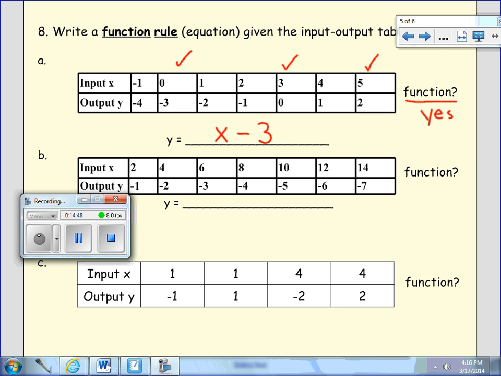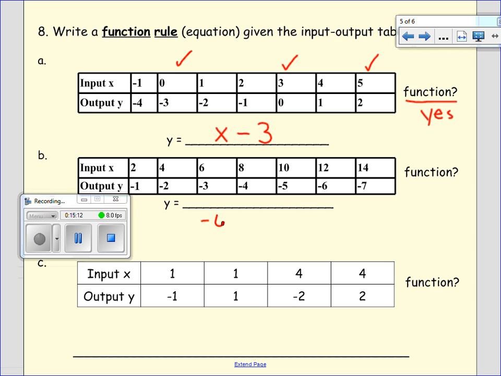So let's look at the whole picture. Let's look at our input table and our output table. It looks like we're dividing by a negative 2. 6 divided by negative 2, is that negative 3? Yes.